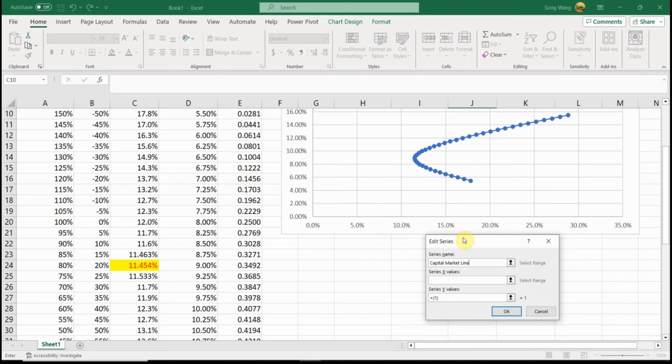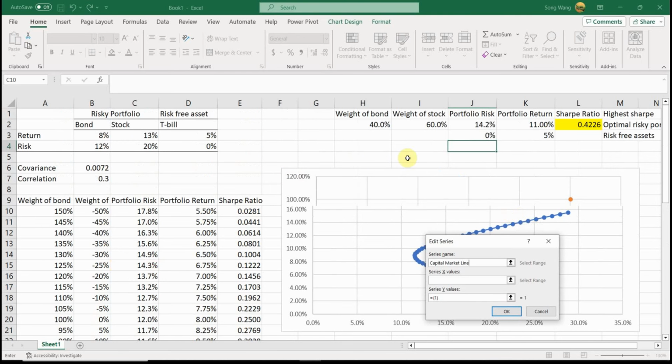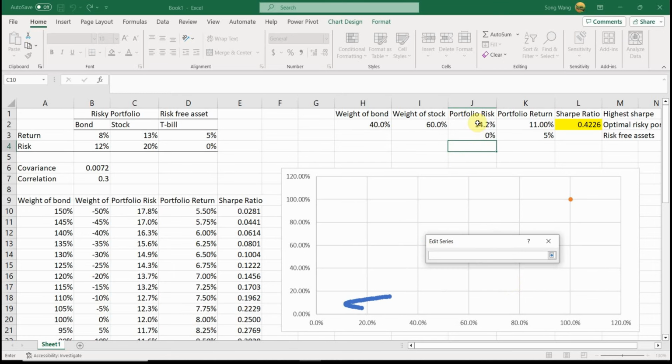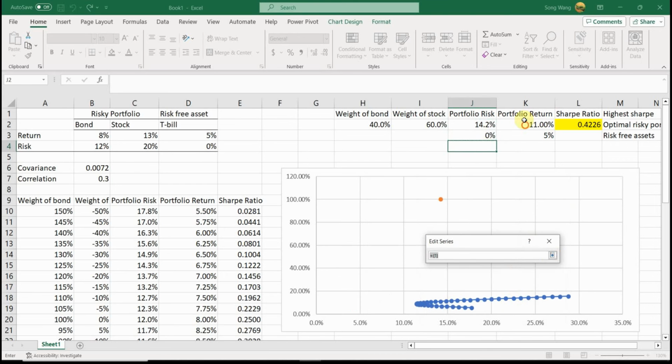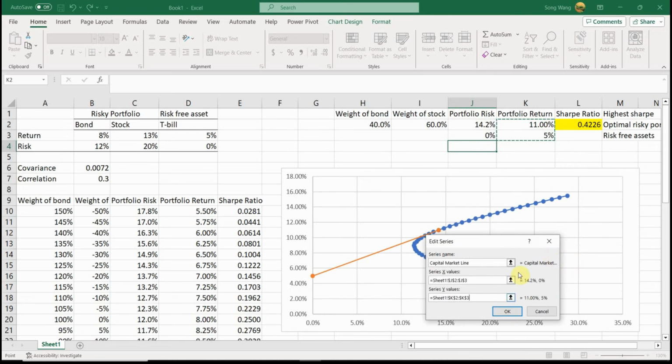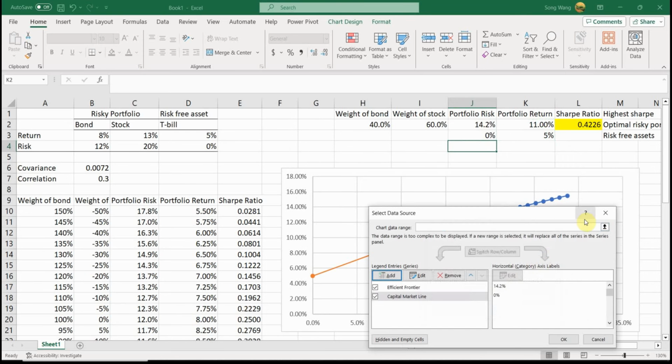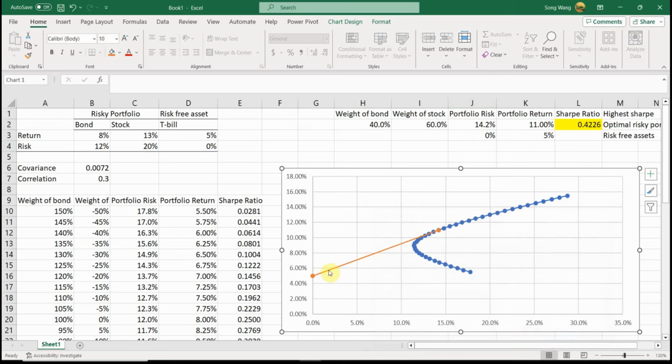It can be called a capital allocation line in a very narrow definition, but if you are dealing with the entire markets, then it's called a capital market line. The X value here would be the risks, and the Y value here would be the returns. After I hit that, you will see I have developed a straight line that is tangent with the efficient frontier.